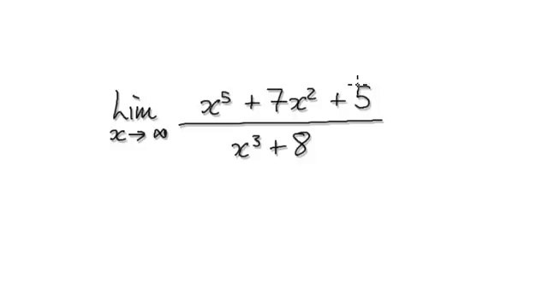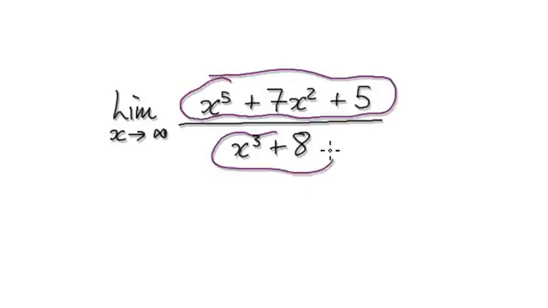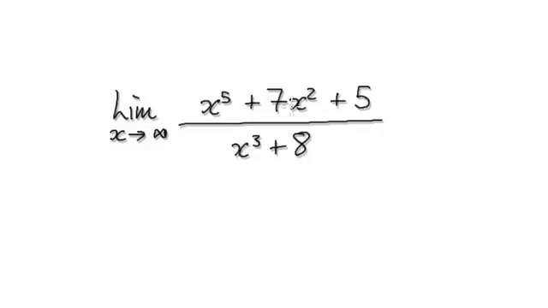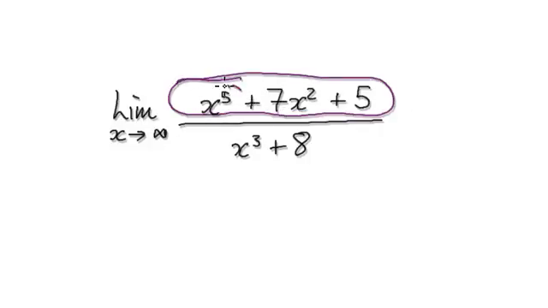An alternative way of looking at this, the point here, is that you don't always have to rely on L'Hopital's rule. Another alternative is to consider this as being one whole thing, and this being another thing. As x tends to infinity, looking at this numerator, you've got this thing plus this thing plus this thing.